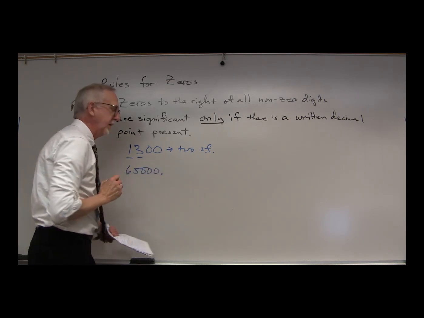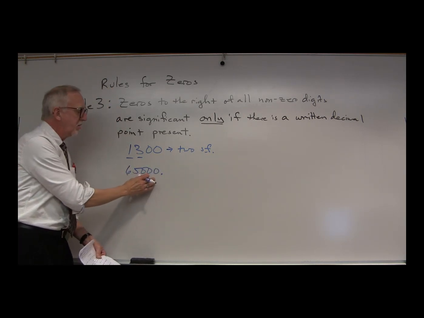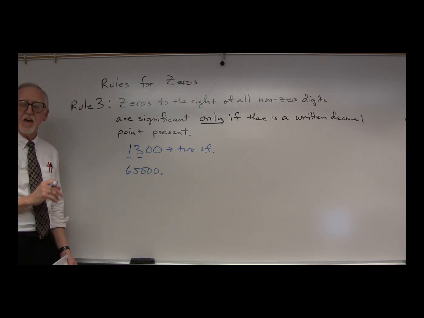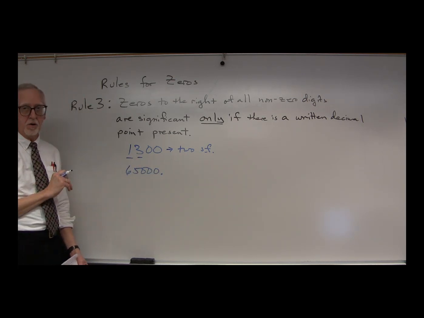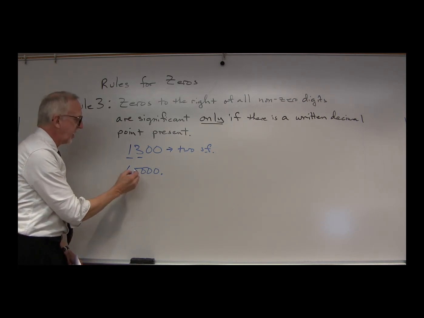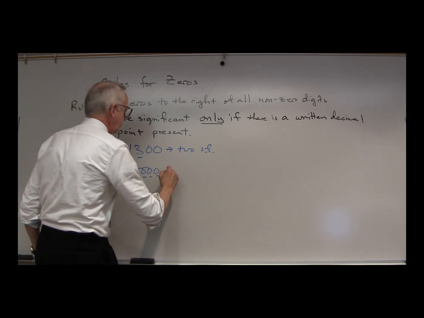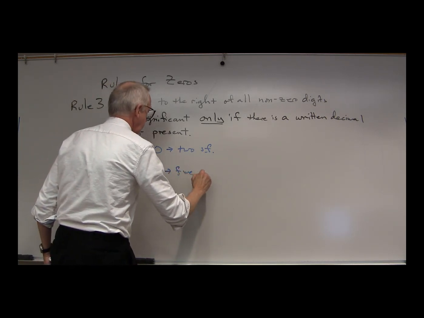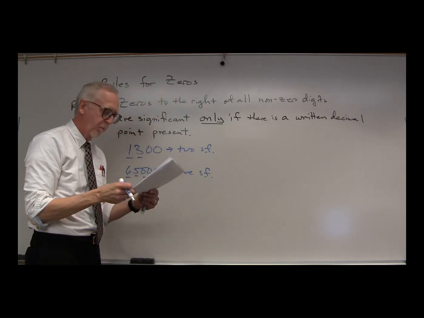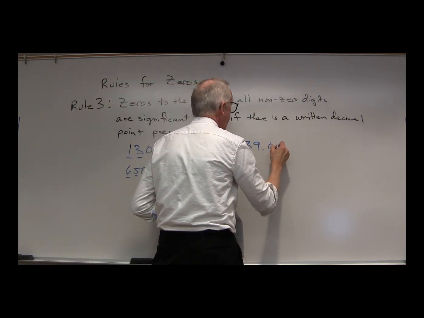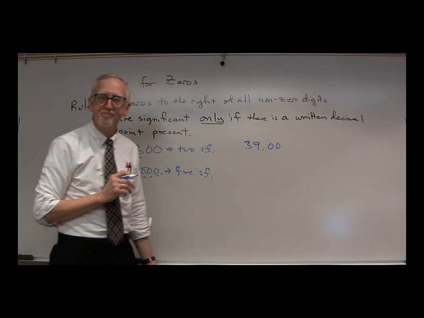65000. These zeros are to the right, but now there is a decimal point present, and that makes all of the zeros significant. So 65 and then 000, 5 sig figs. 39.00.